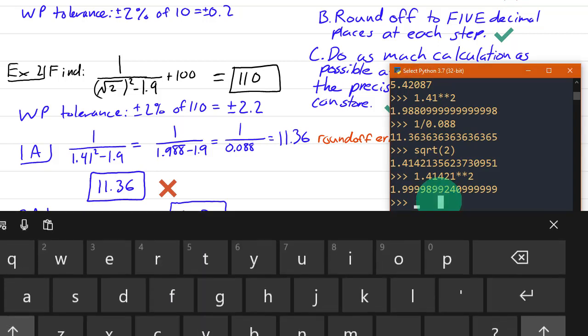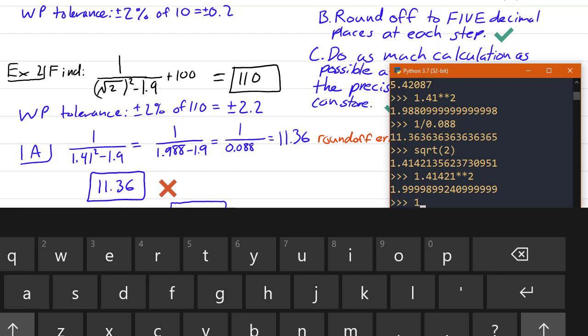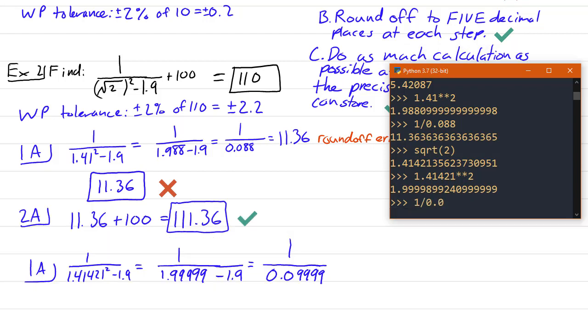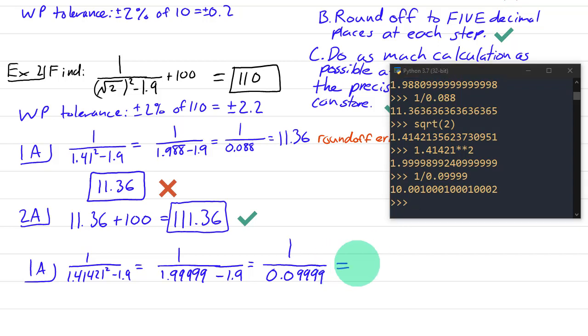And if we divide that, we're going to get 10.001, which is a perfectly close enough answer. So rounding off to 5 decimal places is good enough.